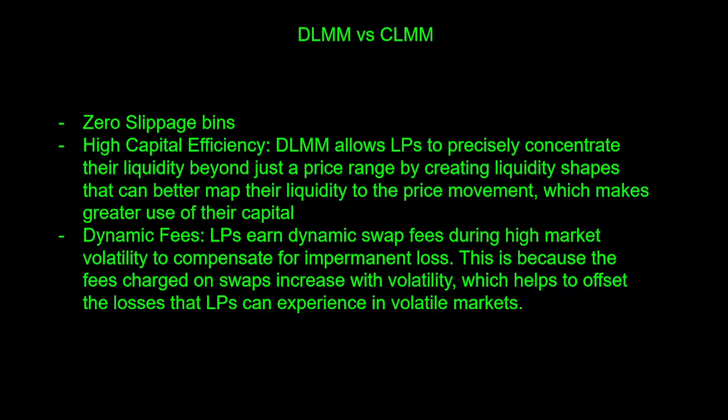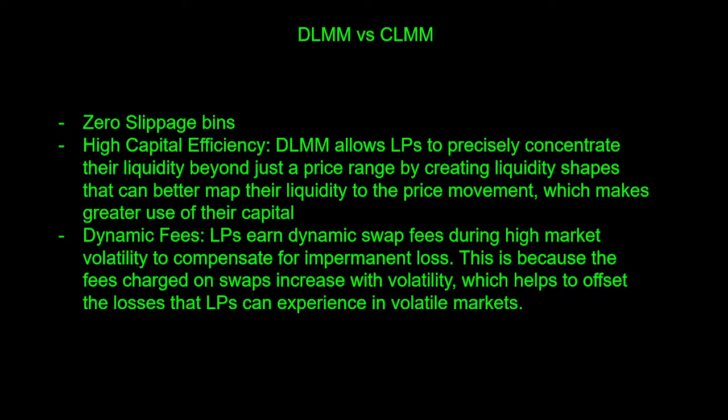You can obviously choose your price range, and you can choose the bin step which decides what the range is, but in addition to that, you can also use various strategies like spot, curve, and bid ask, and stack them to create customized strategies that increase your capital efficiency exponentially.